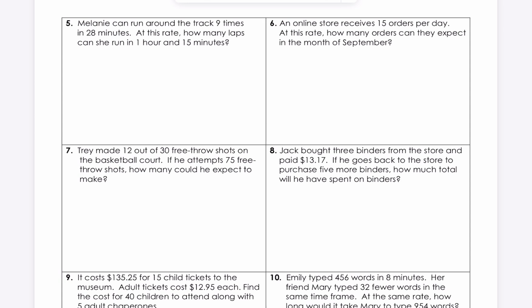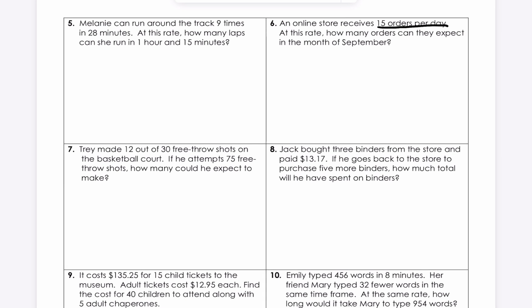If I look at the first ratio that's given to me, I have 15 orders per day. Per day is just one day. So when I write that in a ratio, I have 15 orders to one day. Now, the second part of this problem, they want us to figure out how many orders they can expect for the month of September.